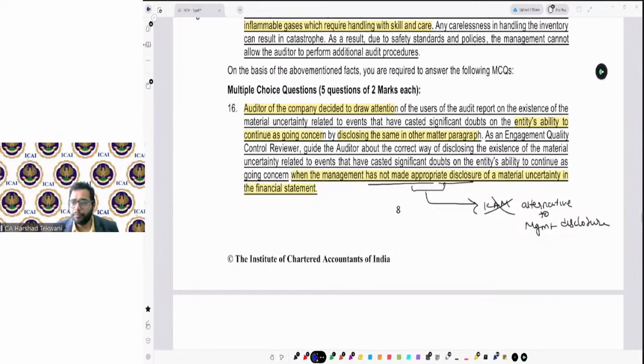Now, when I talk about reinsurance inward, that is reinsurance coming to us, what reinsurance we have accepted.